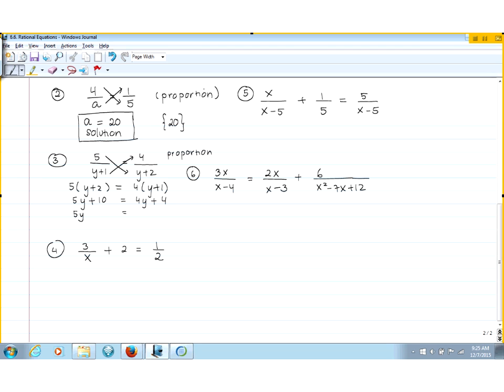Okay, so now bring the y to the left. 5y, this 4y will be what? Negative 4y, right? So we subtract 4y from both sides. How about this 10? Negative 10 plus 4. So 5y minus 4y, y is equal to negative 6. Now, is negative 6 a solution? How do you check?